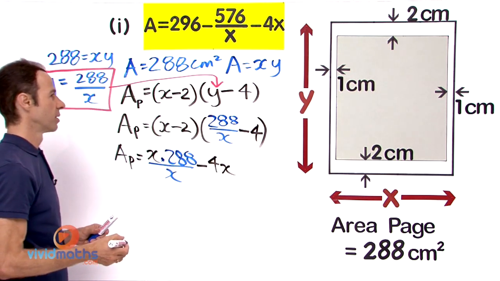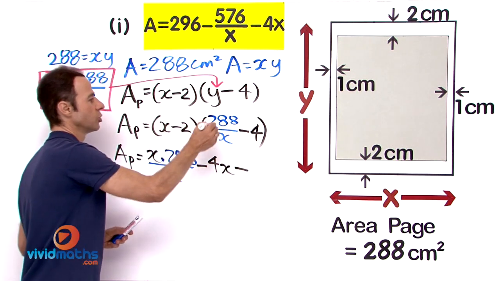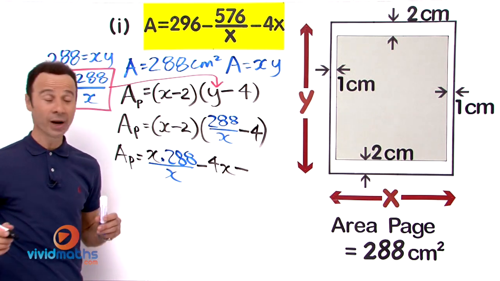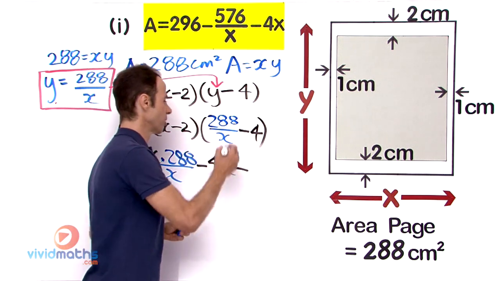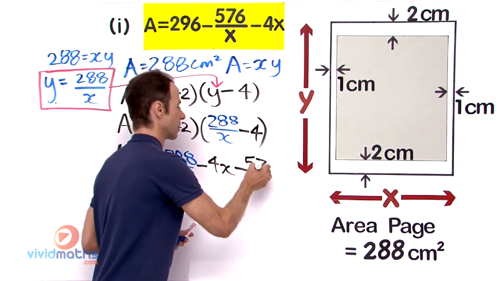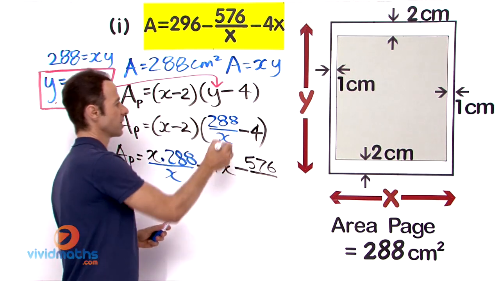Then what do we have? Then we have a minus again. We have minus 2 times 288 on x. So 2 times 288 is 576. So that'll be 576 all over x, because the x is still there.